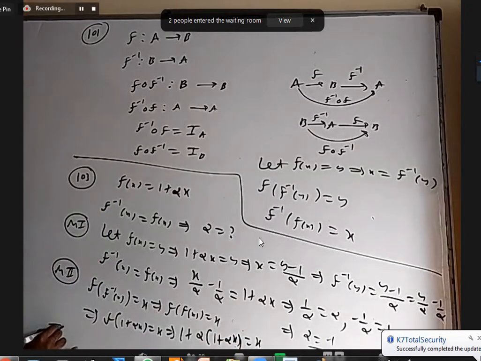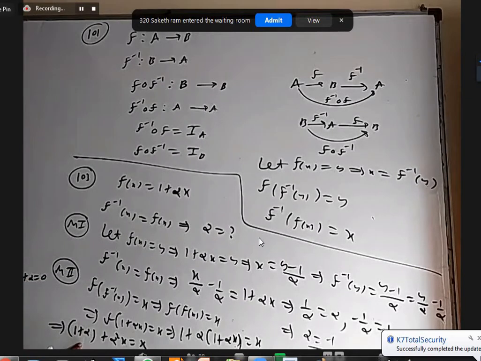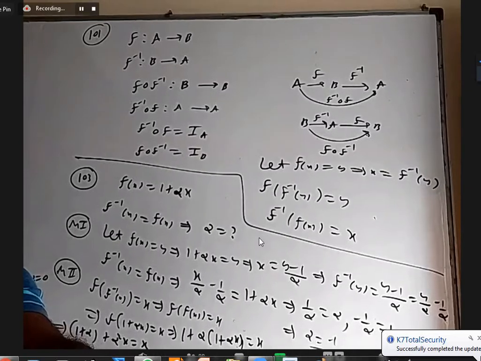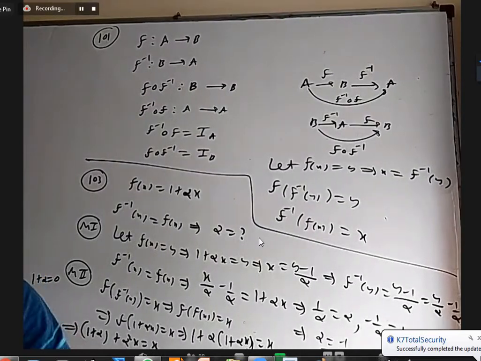When I expand this, I'll get 1 plus alpha plus alpha square x equal to x. Now when I compare the coefficients, here 1 plus alpha is the constant and here there is no constant. And equating x coefficients, I'll get alpha square equal to 1.